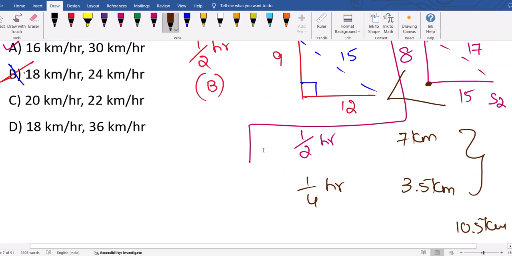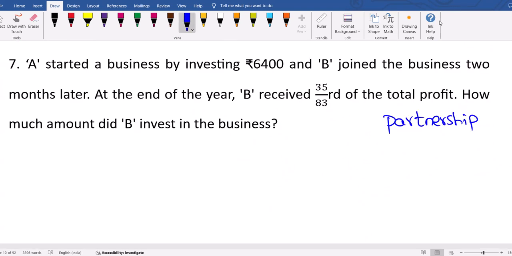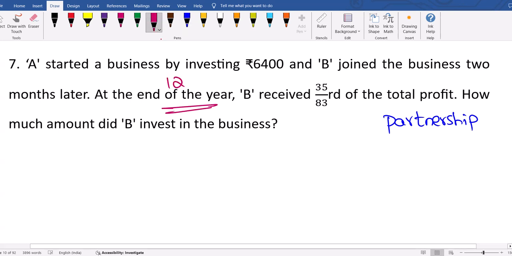That is also satisfied. So in this partnership question, they given that A started a business by investing 6,400. B joined 2 months later. But at the end of the year, after 12 months, B received 35 by 83rd part of the total profit.